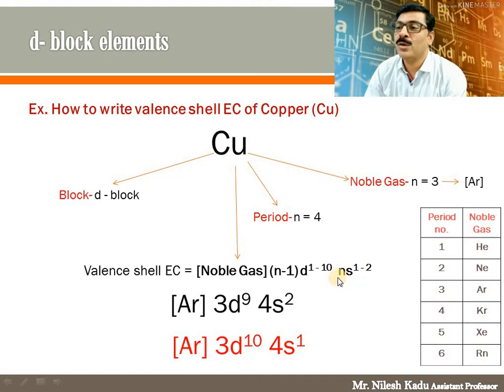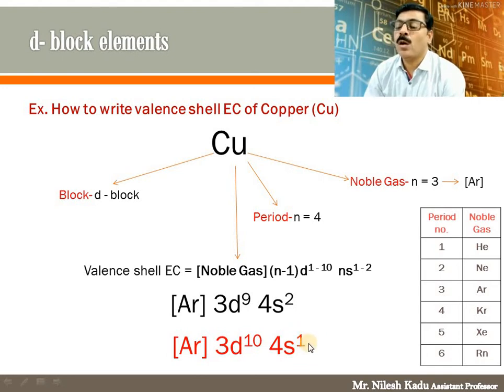Here the value of n is 4, so 4s, and it contains 2 electrons. But due to the stability of a completely filled orbital, the jumping of an electron from the 4s orbital to the 3d orbital takes place, and the 3d orbital contains a total of 10 electrons. So the d orbital is completely filled and 4s contains 1 electron.